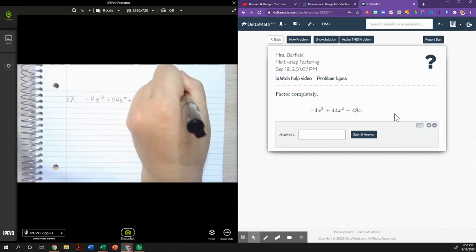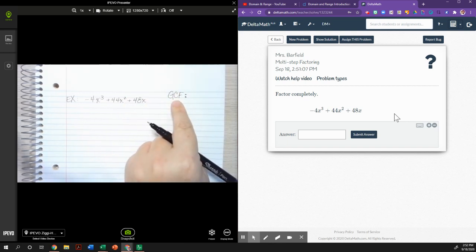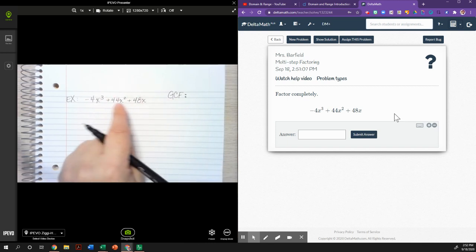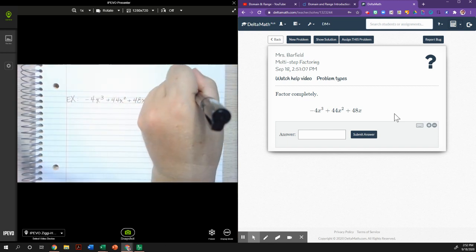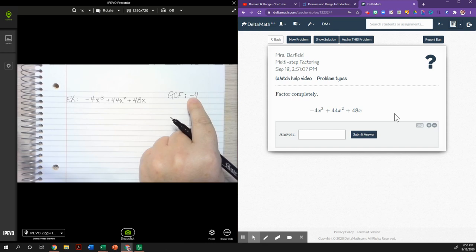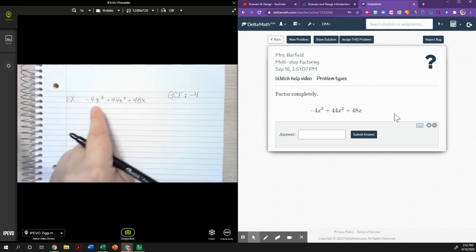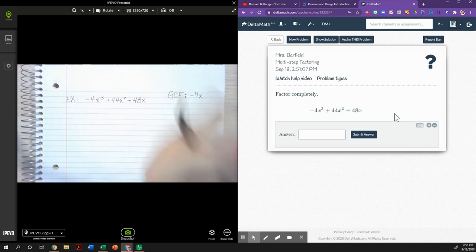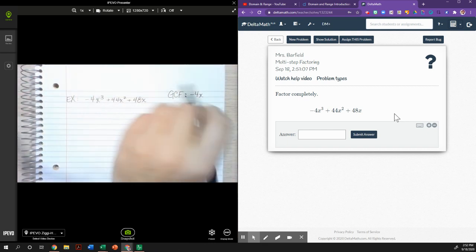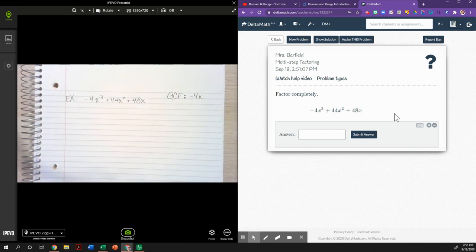So 2 is a common factor, 4 is the greatest common factor. Now when my problems start with a negative number, I use a negative number as my common factor. And then you take the smallest exponent value, x.